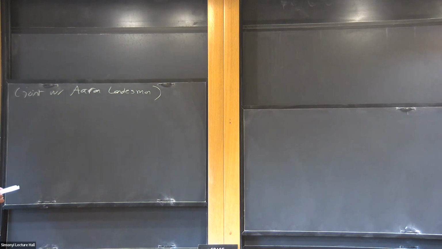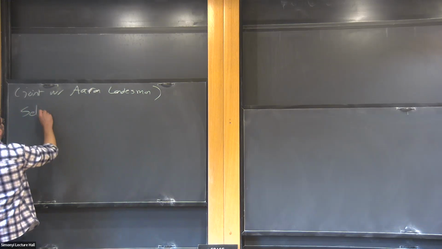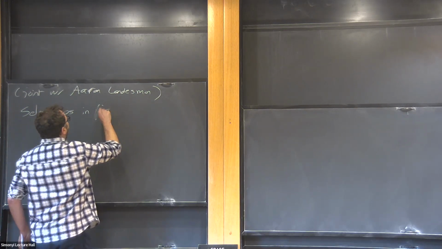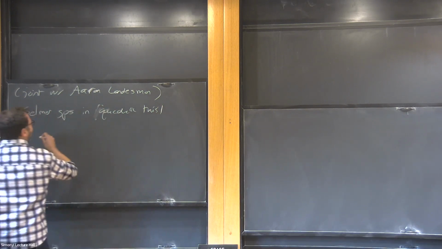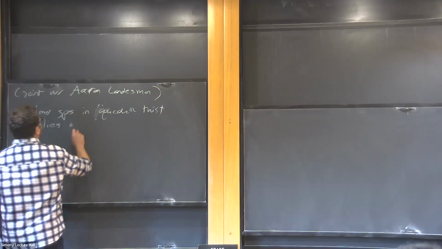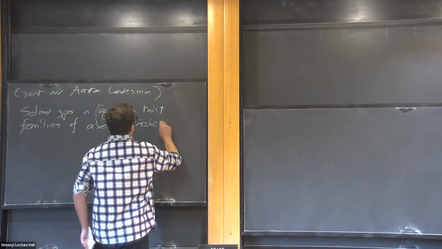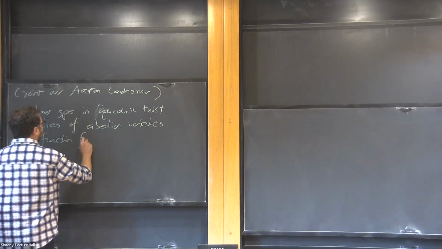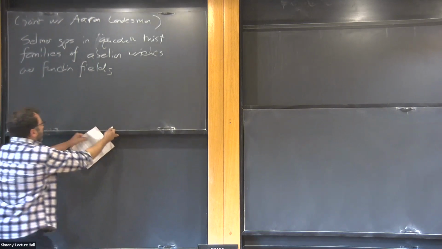So, okay, the title: Selmer groups in quadratic twist families of abelian varieties for function fields, and it's a reminder of what kind of thing this is.